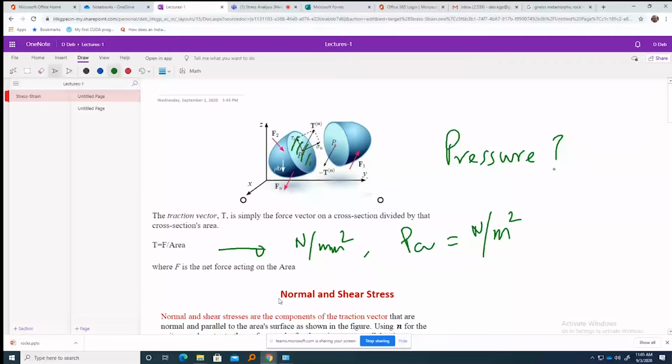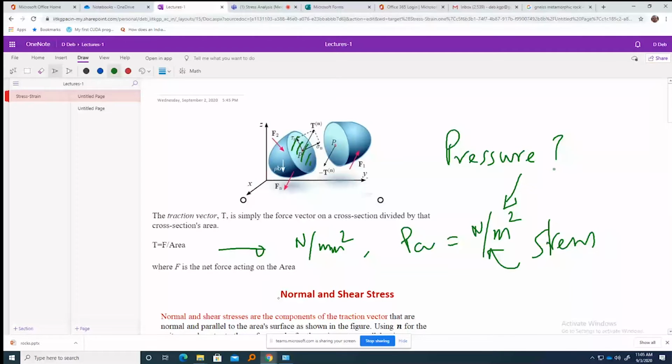Pressure is only normal to the plane, but the unit is same, same as the stress. The unit is also this, but all three are different. The traction, pressure, and stress. These three are different terminologies, and they have different connotation and meaning altogether.